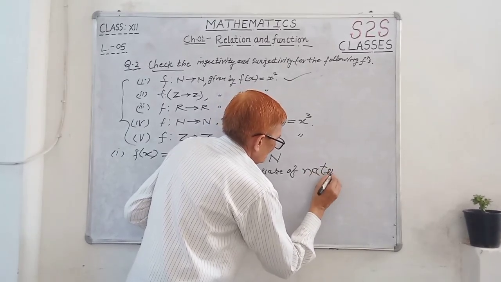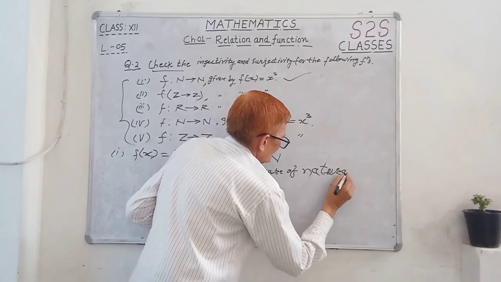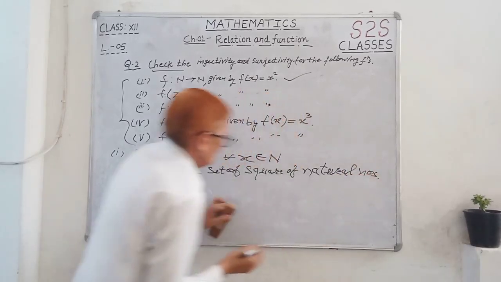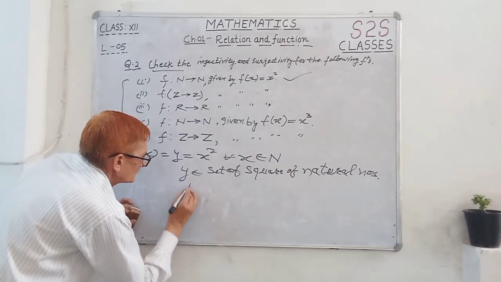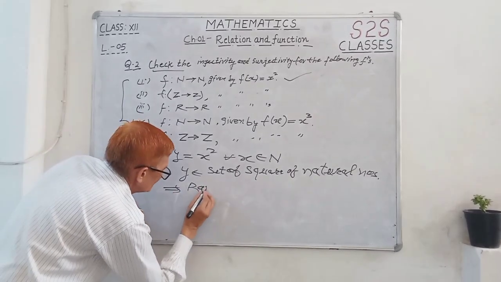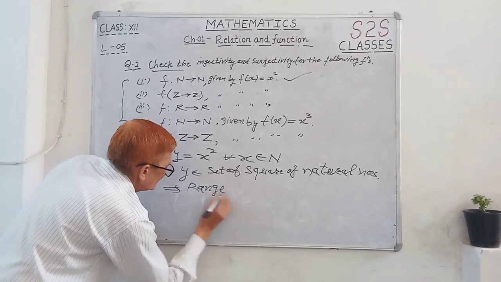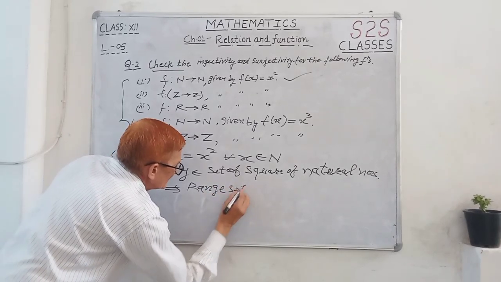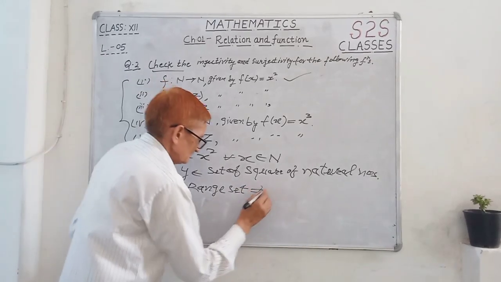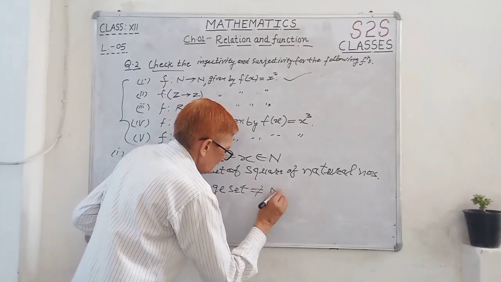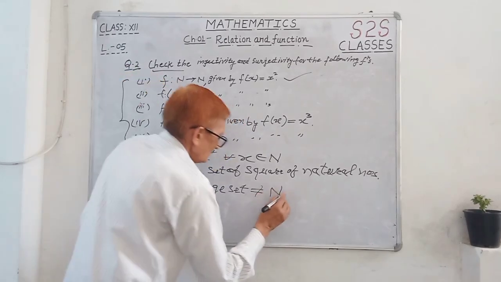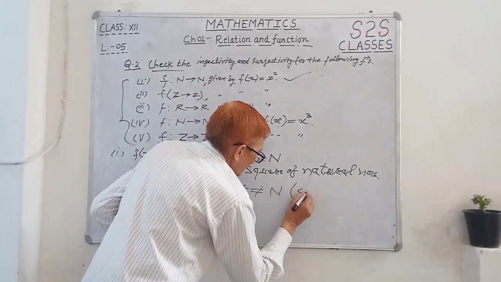Natural numbers, that means range. This implies the range set is not equal to the natural numbers, and natural numbers means codomain.